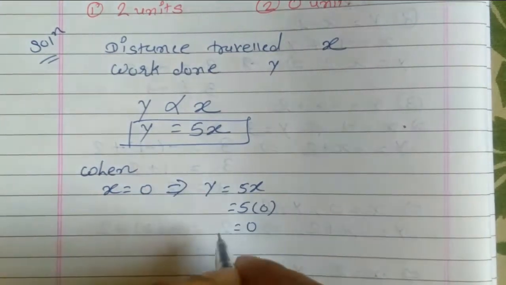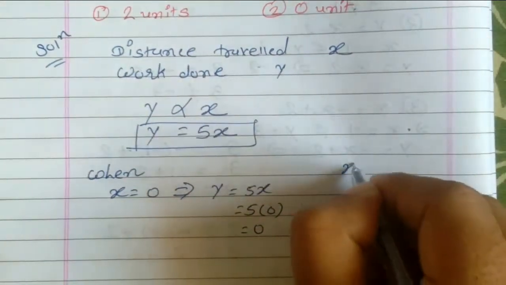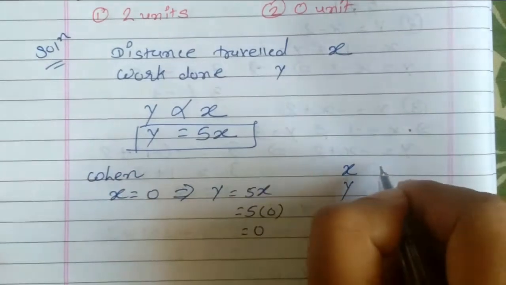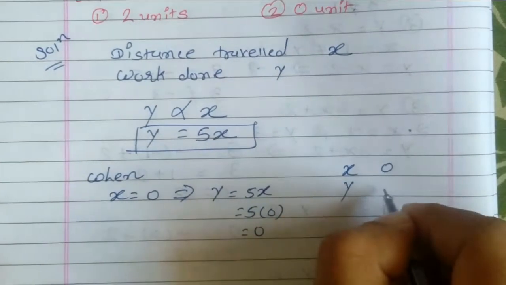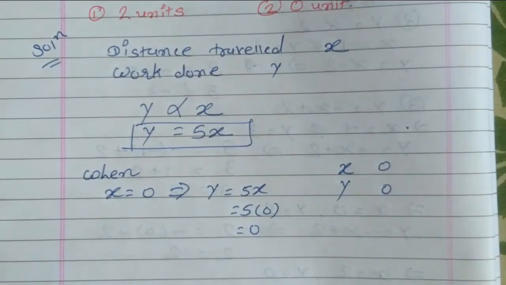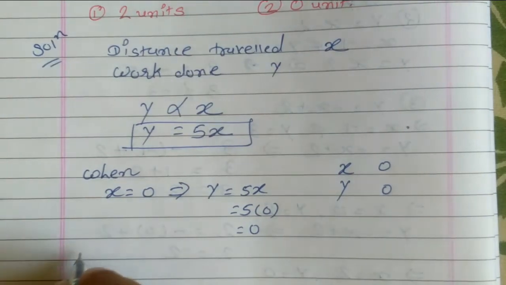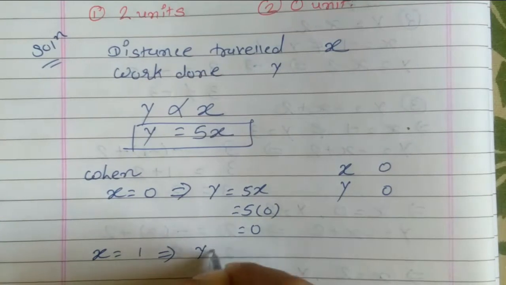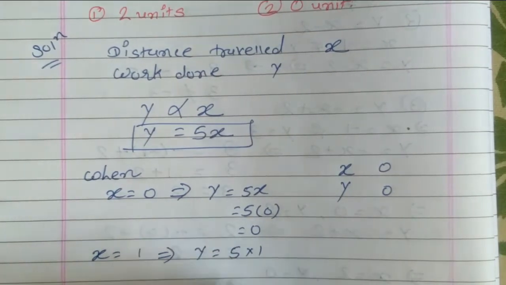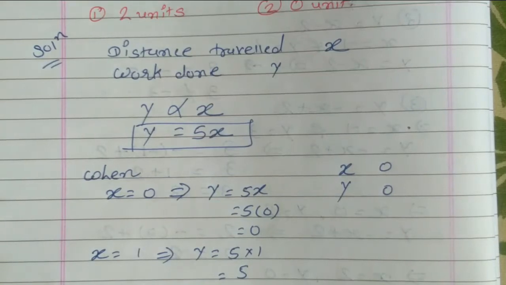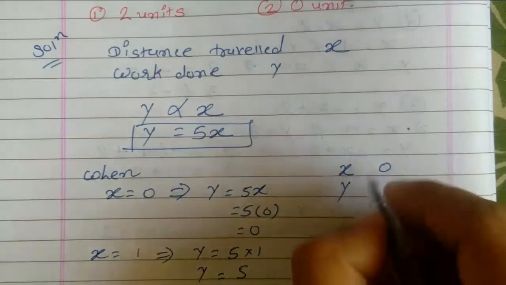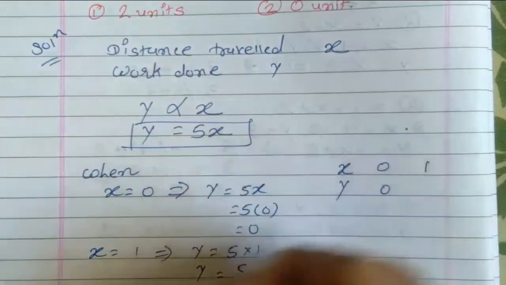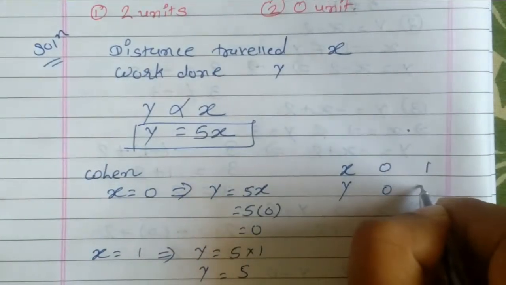So this is the first coordinate: when x is equal to 0, y is equal to 0. Now if x is equal to 1, y = 5 into 1, that's why y equal to 5. This is our second coordinate.